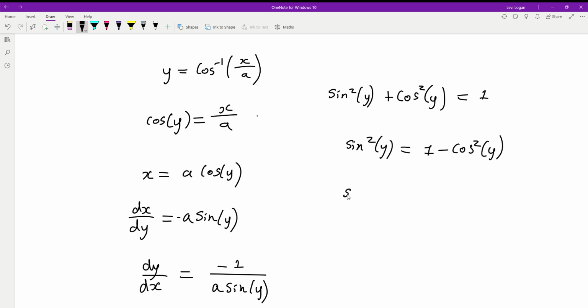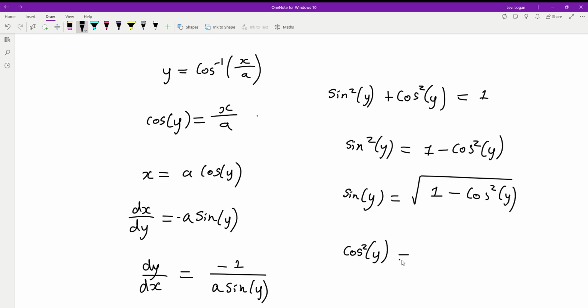Square root both sides, so I get sine of y equals the square root of 1 minus cos squared of y. I know cos squared of y is just going to be cos of y all squared. Cos of y I know is x on a.